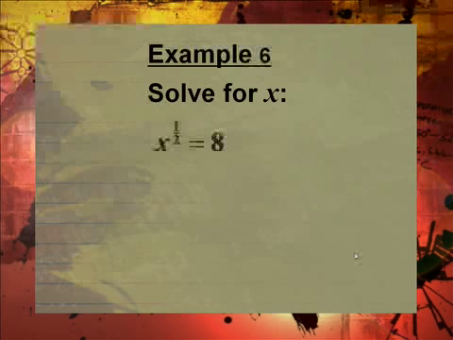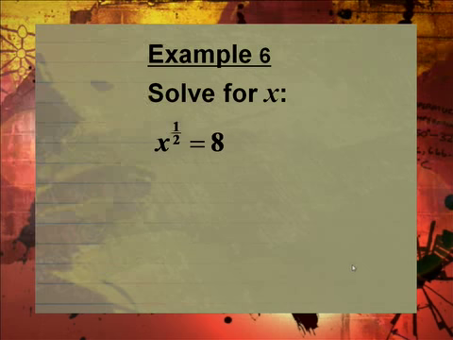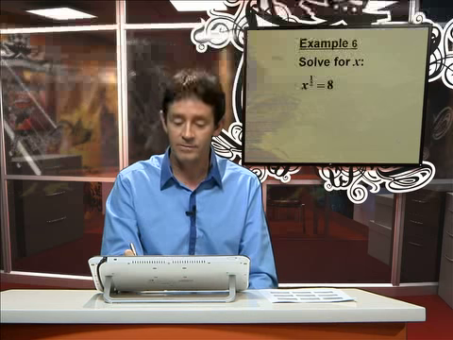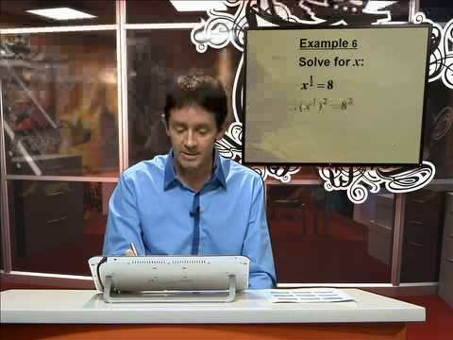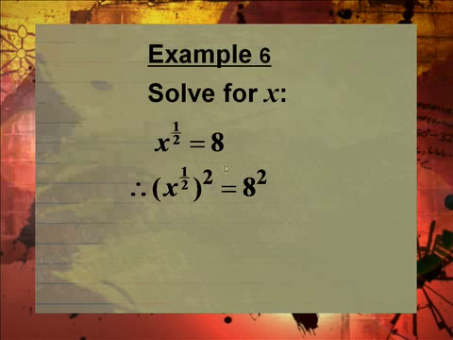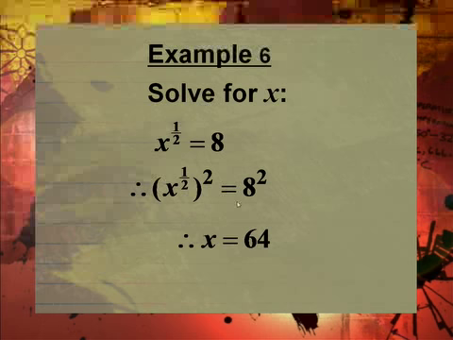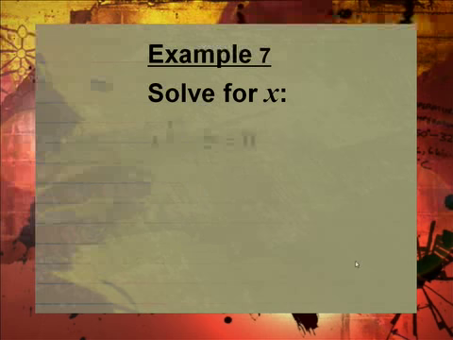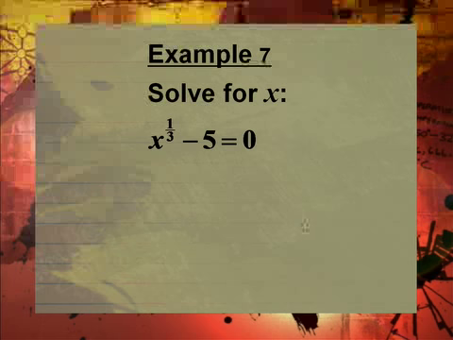Now, what about this one? Have a look at this. This is nasty: x to the half. How can we get rid of the half? Very simply put, if you square both sides, if you put a 2 on both sides, the half of 2 is 1, and x is 8 squared, which is 64. And then here, the same. If you bring the 5 across, minus 5.